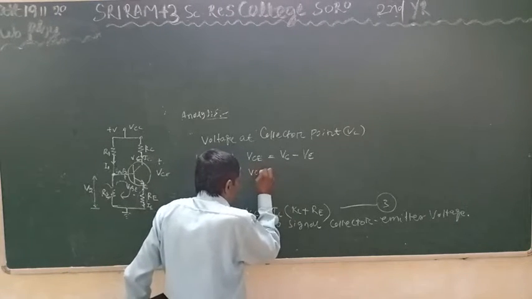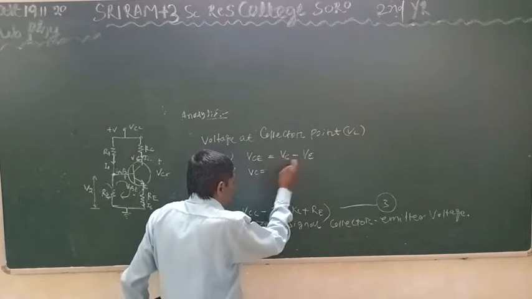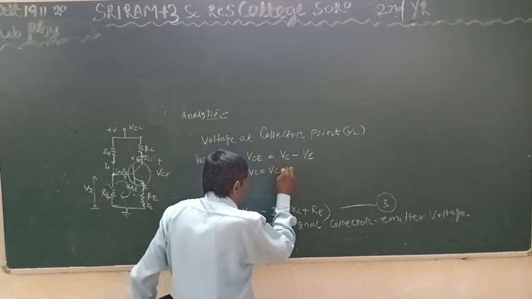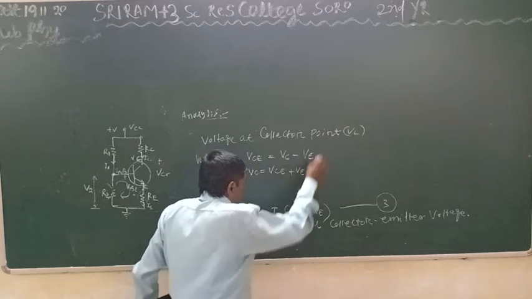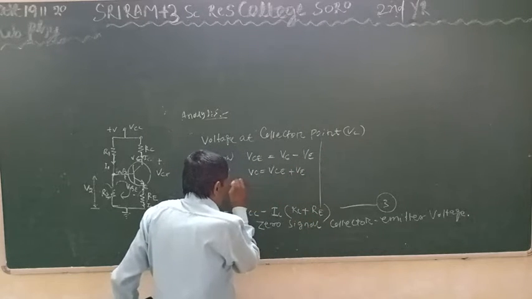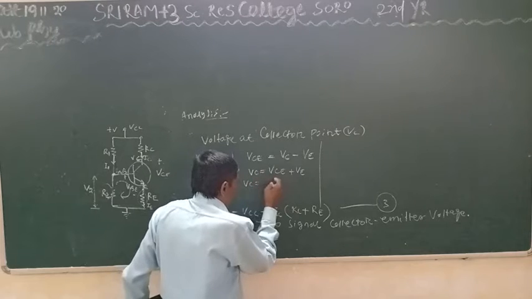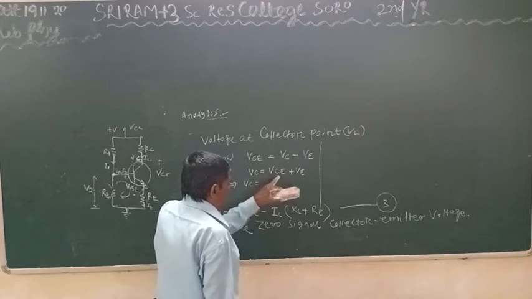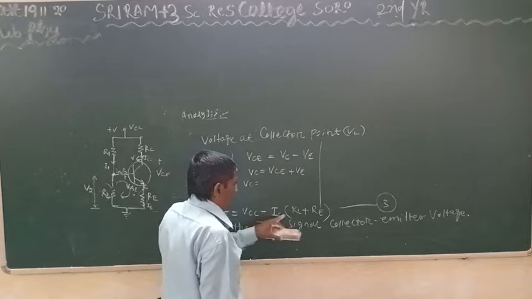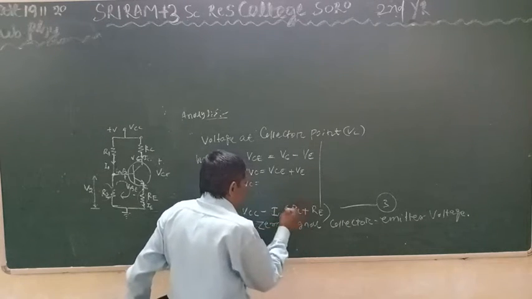Again VC equal to VCE plus VE. Now VCE means VCC minus IC(RC plus RE).